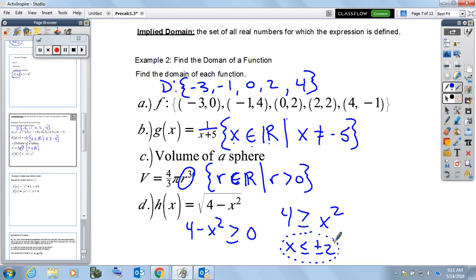Because if you throw something in that is less than negative 2 in this case, like negative 3, you get 4 minus 9, and that gives you a negative value, so you can't really utilize it. So sometimes when this happens, this could be a very good cue that it's all the values between negative 2 and 2. All right? So we're not going to use this. We're going to find all those values between. So it can be 0, so it's going to be all those values between negative 2 and 2.